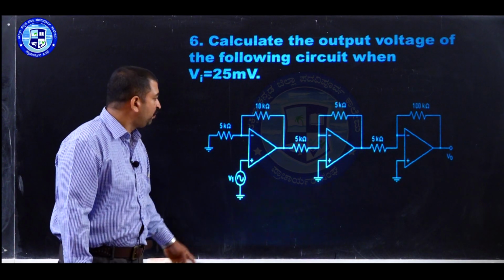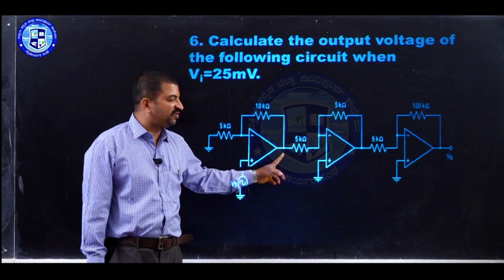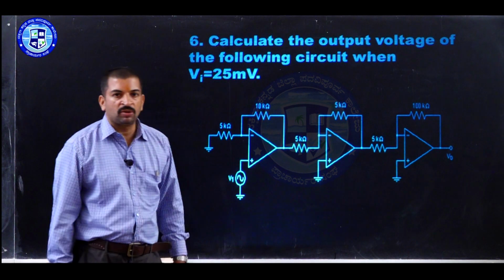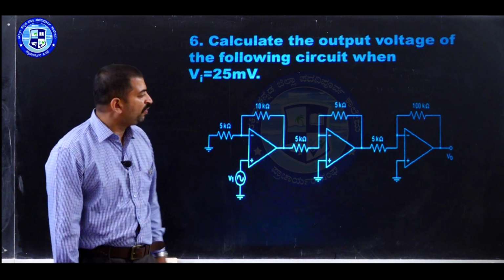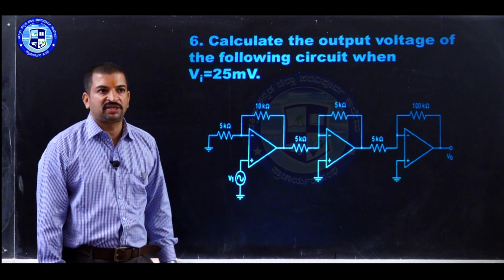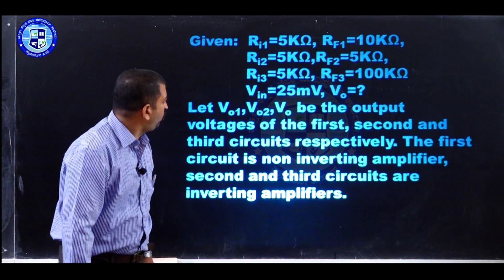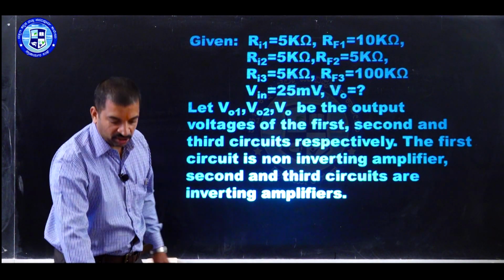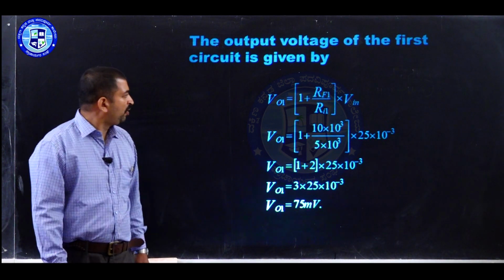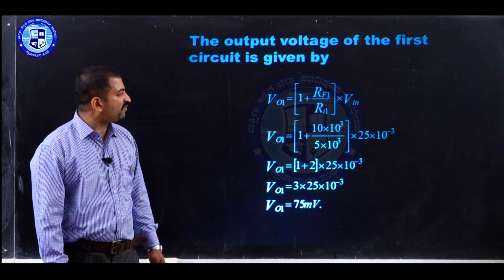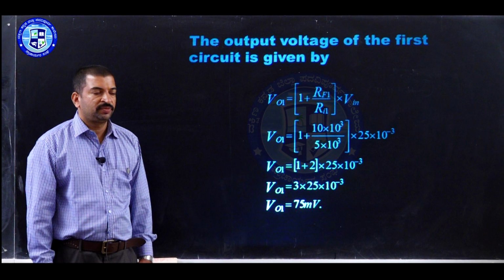We'll now consider VO1 as the output voltage of the first circuit, VO2 as the output voltage of the second circuit, and VO as the output voltage of the last circuit. The output voltage of the first circuit is given by VO1 equal to 1 plus Rf by Ri into Vin.